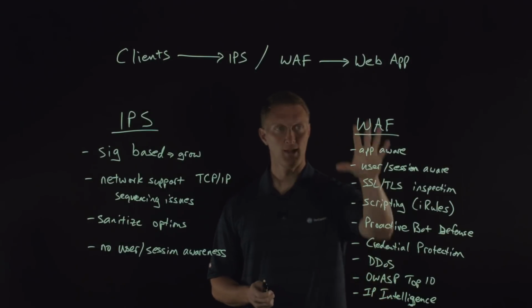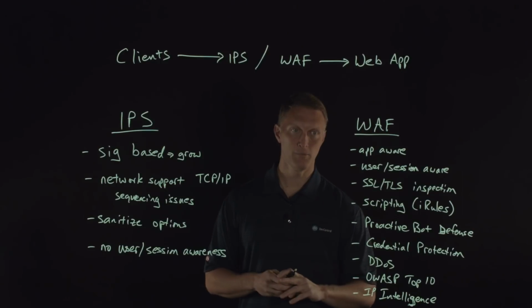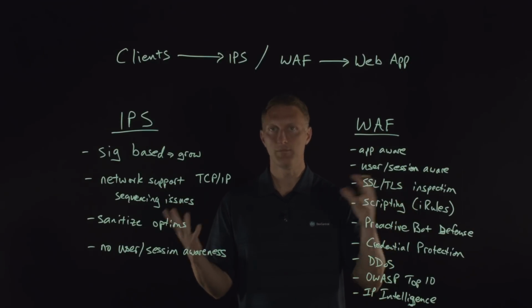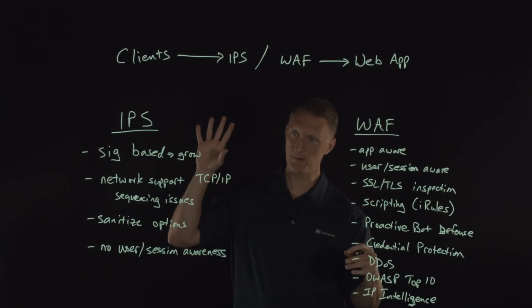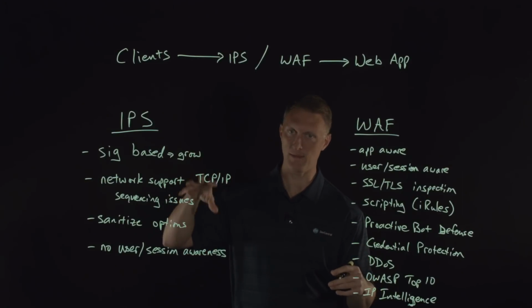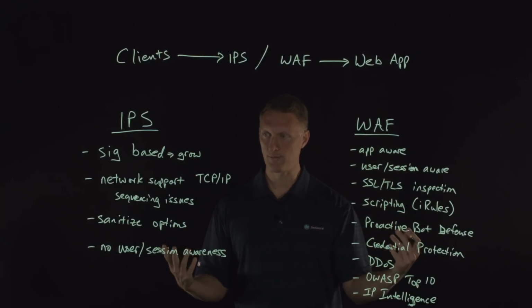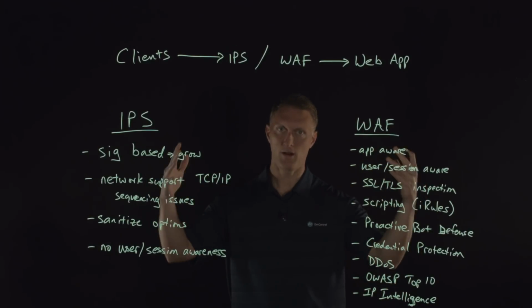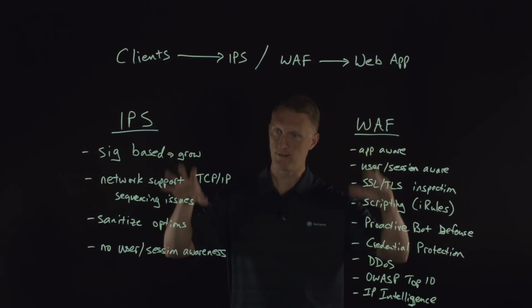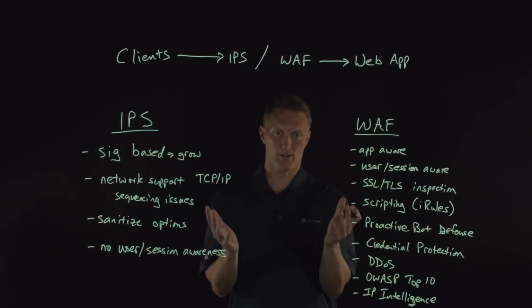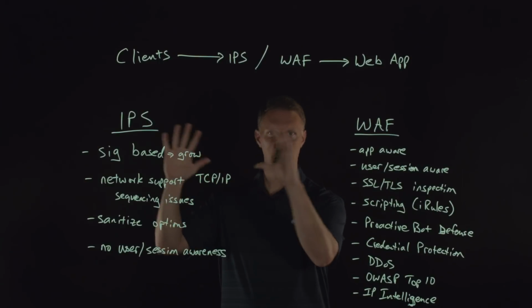So anyway, a lot of really powerful stuff here on the web application firewall side. But again, some people may have questions: I remember IPS and that prevents stuff, and now we've got these WAFs, so what's the difference? I just wanted to go over the broad view of the differences. If I could shorten it all down, the IPS has a little broader focus.